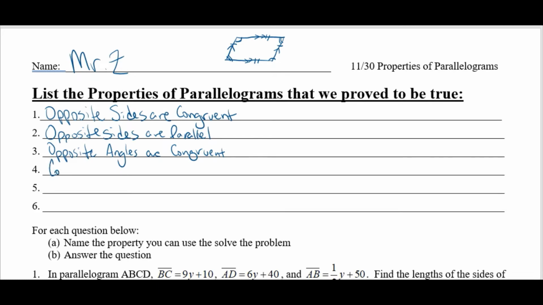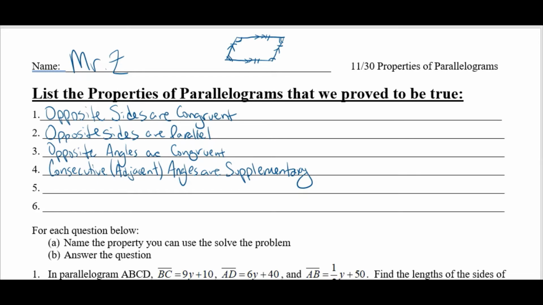So we're going to say consecutive. Sometimes you might also replace consecutive with the word adjacent. Angles are supplementary. Okay. So opposite angles are congruent, consecutive angles are supplementary.